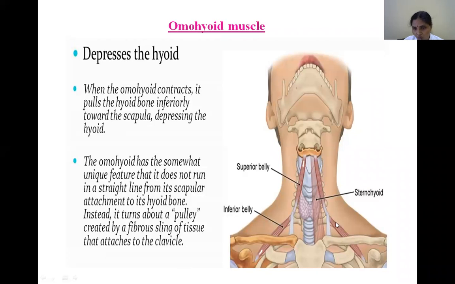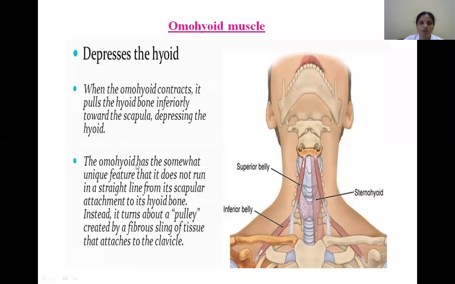In the course of this muscle, there is an intermediate tendon. That's why it is divided into two bellies. Like the digastric with two bellies, the omohyoid also presents two bellies, inferior belly and superior belly, with an intermediate tendon. This is just under cover of the sternocleidomastoid muscle.